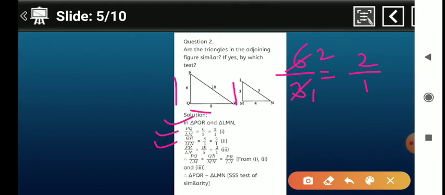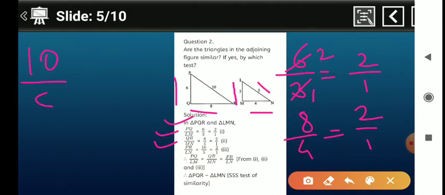QR is 8 and MN is 4, so 8 upon 4 is also 2 upon 1 if we simplify. Then the third ratio is PR upon LN. PR is 10 and LN is 5, so 10 upon 5, and this is also equal to 2 upon 1.